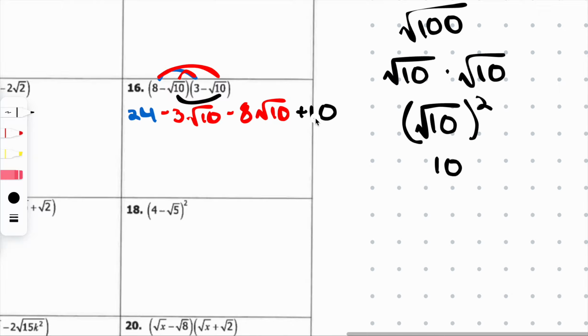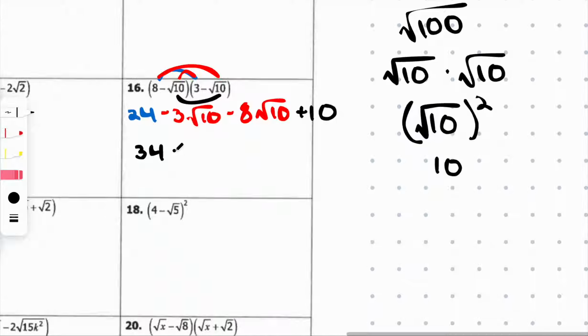Okay, great. So let's add this 10 and this 24. We would get 34. And then we have minus 3 root 10 minus 8 root 10. Since we have the same radical with the same index, which is 2, since we don't see anything, it's just a normal square root, and the same radicand, 10, we're just going to do negative 3 minus 8, which gives us minus 11.